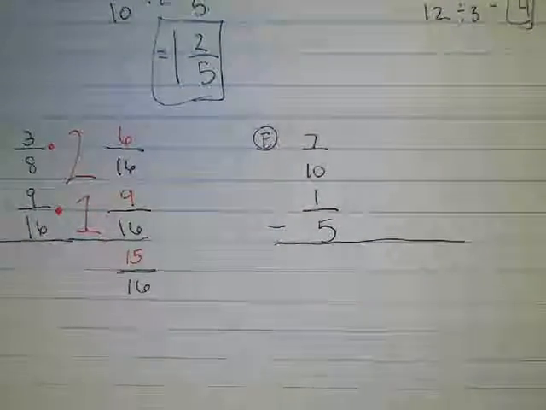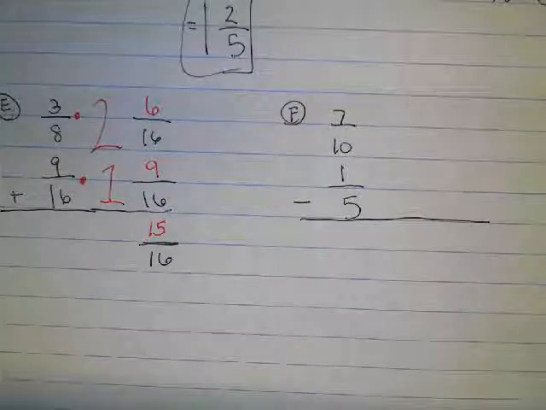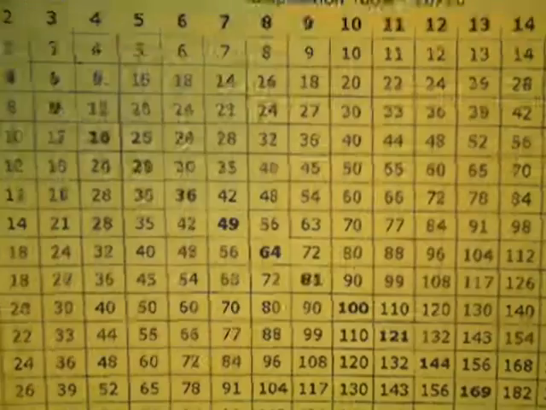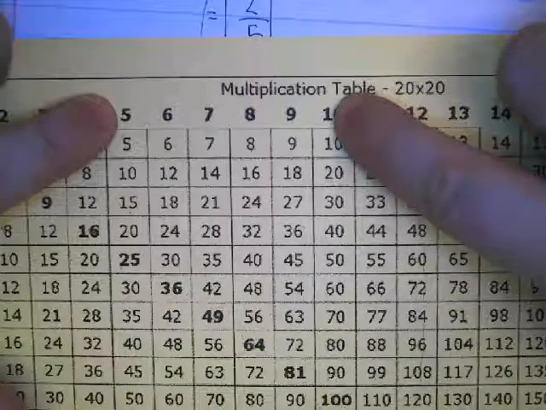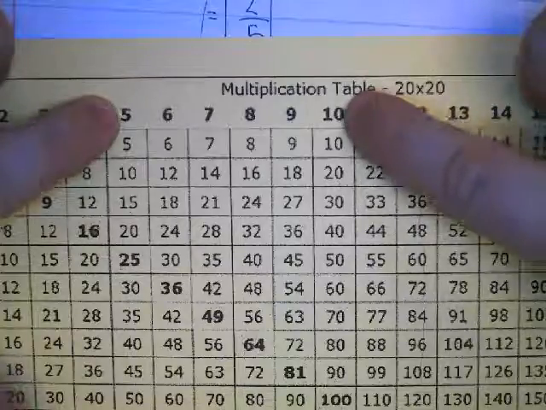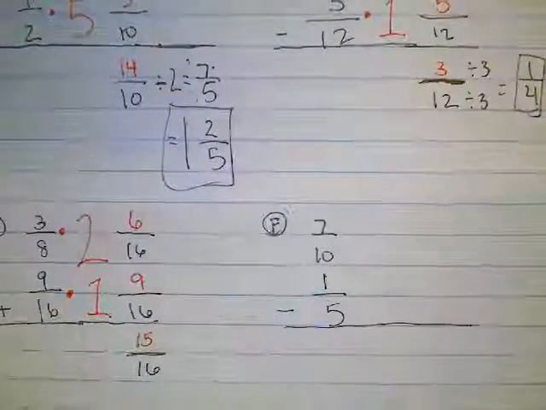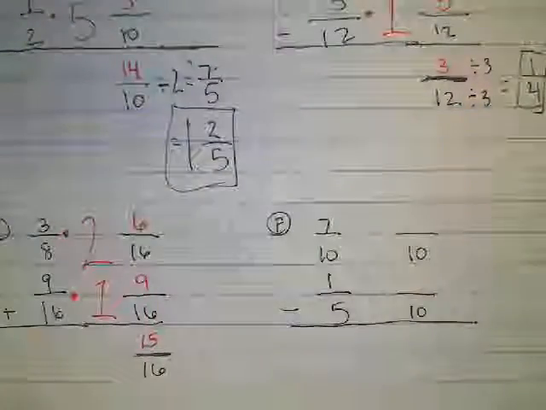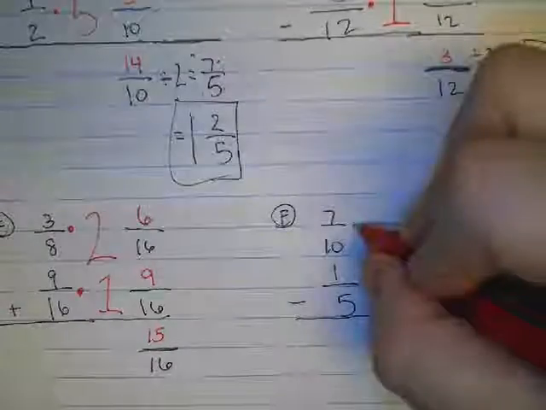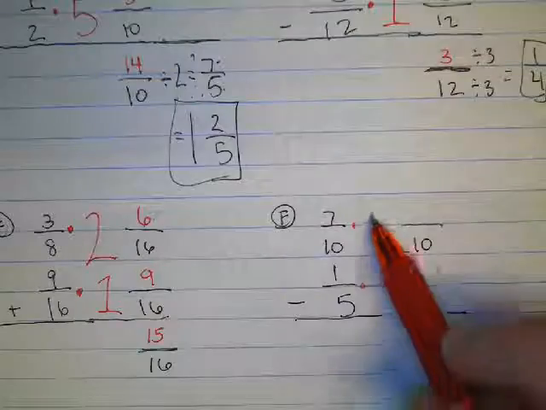Okay, so hopefully you just paused and tried this on your own. So our goal is again to find that common denominator by looking at the 10 and the 5. So I'll go down the 10 and 5 column. Here's my 10, here's my 5, and let's see if we can find a common number. Well, they both have 10. 5 has a 10, 10 has a 10, so that'll be our common denominator. So let's go ahead and set up our common denominator of 10. Now let's do our thinking. I need to multiply both of them. So 10 times what equals 10?